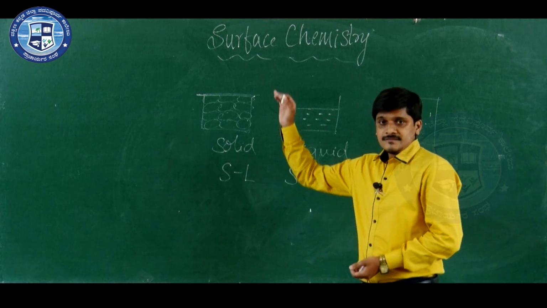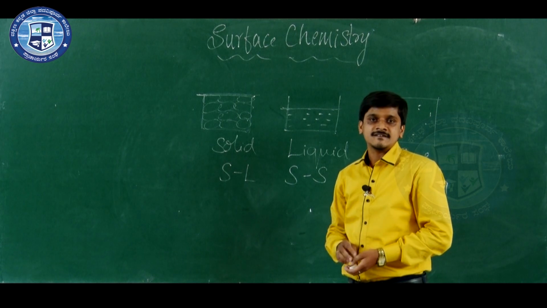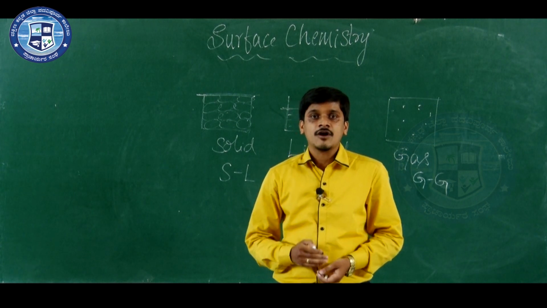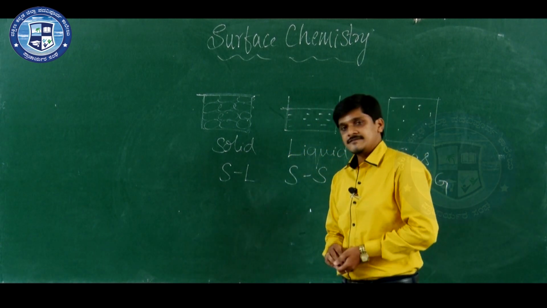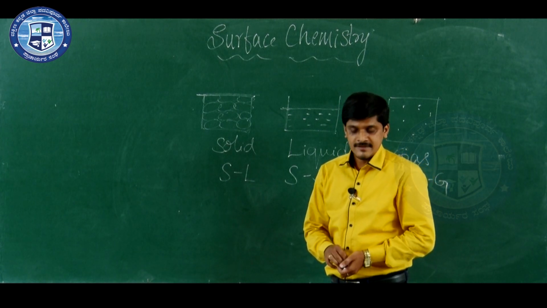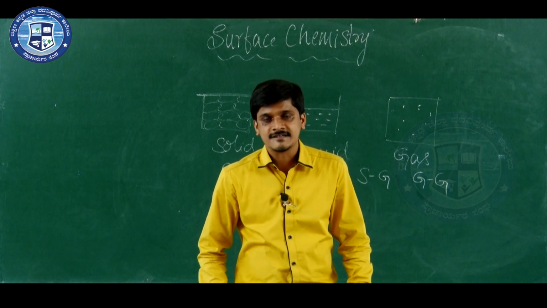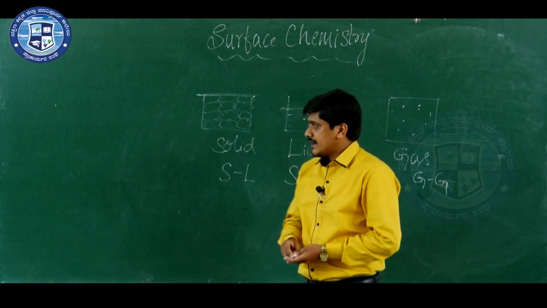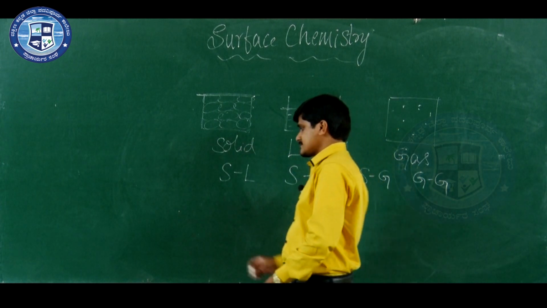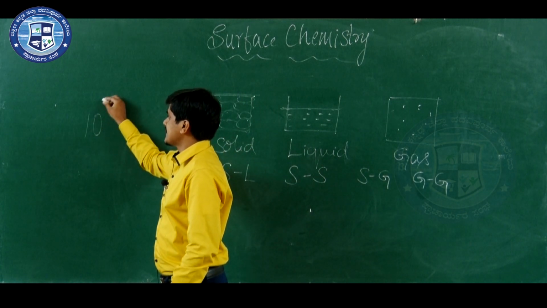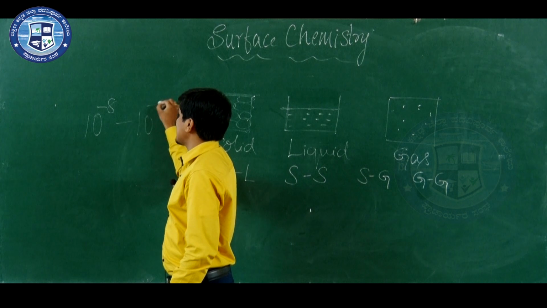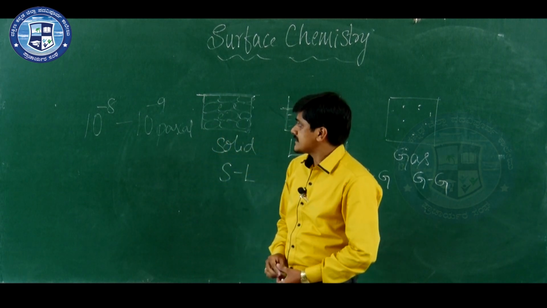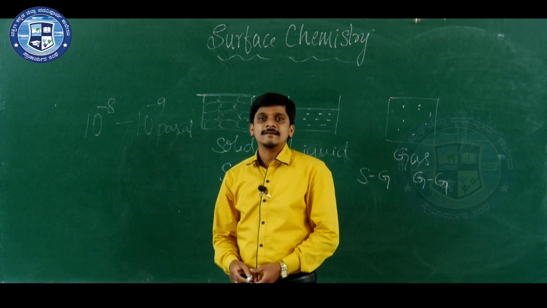Now, while discussing surface matters, first of all you should know what is meant by a clean surface. How will you get a clean surface? For getting clean surfaces you should provide high vacuum. High vacuum is obtained when a pressure of 10 power minus 8 to 10 power minus 9 Pascal is applied.